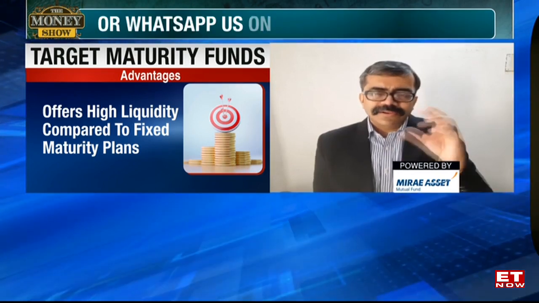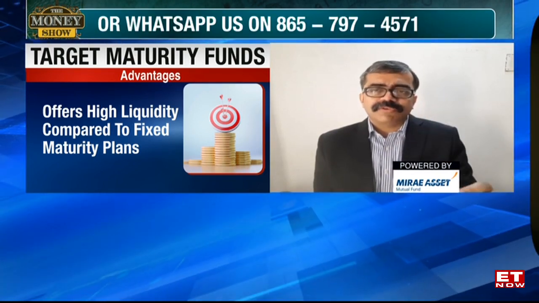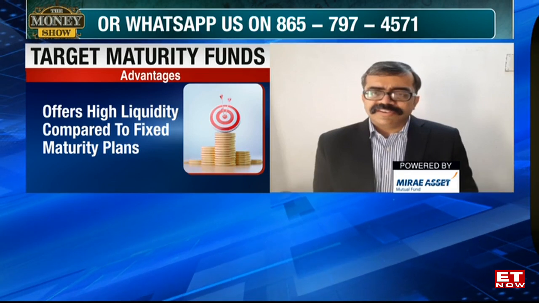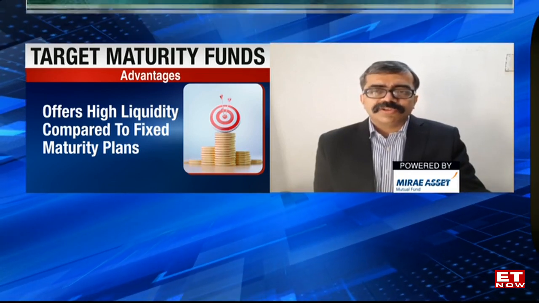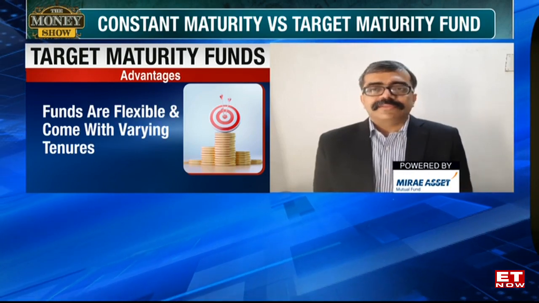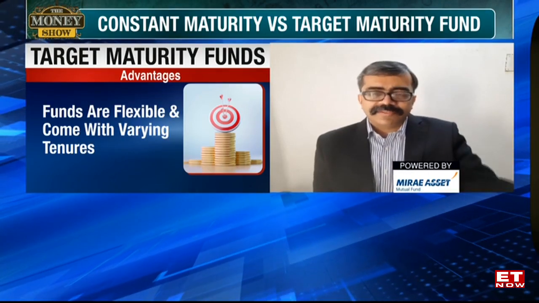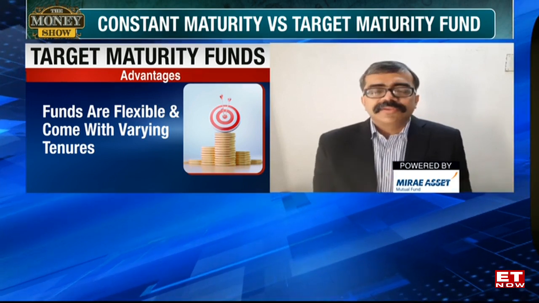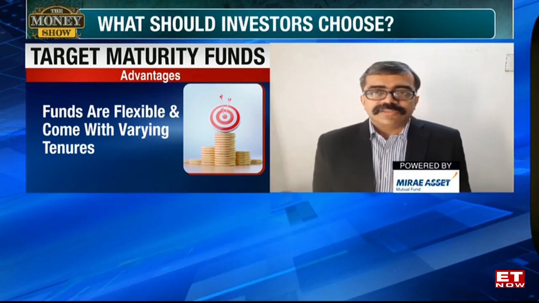So a constant maturity fund will follow the normal trajectory of other debt-oriented mutual funds, which is that when rates are falling, you will find that the returns are higher, and when rates are rising, you will find that the returns compress due to the change in bond prices.